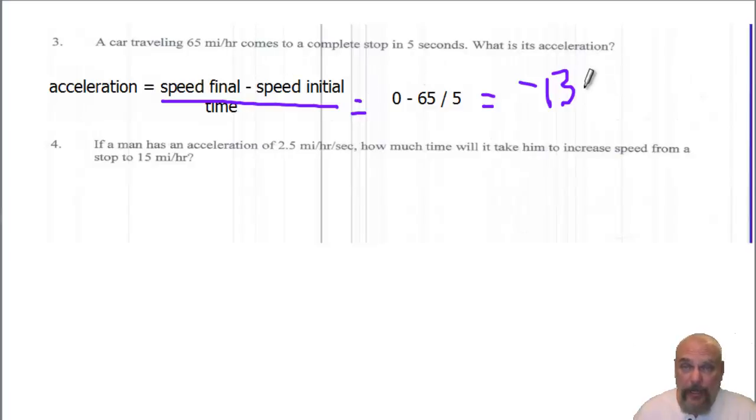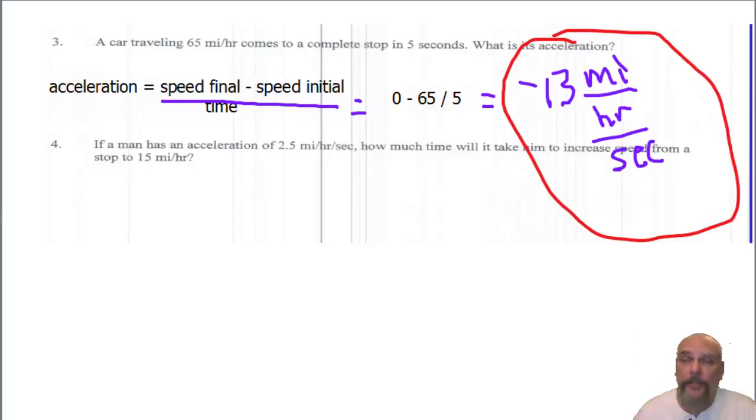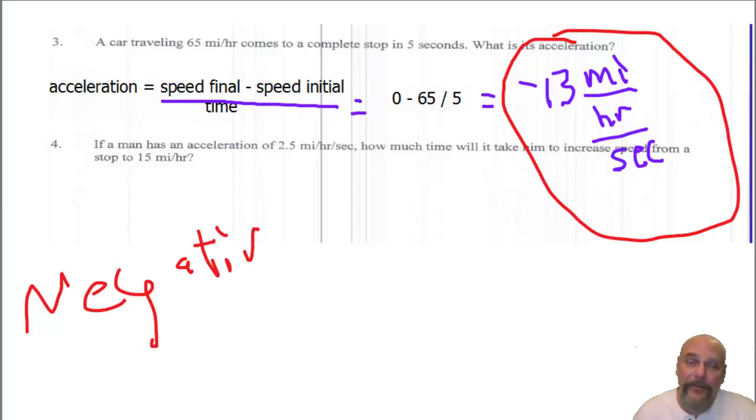And here's the tricky part again. Speed is miles per hour, and then the time is seconds. So it's negative 13 because it's a negative acceleration.